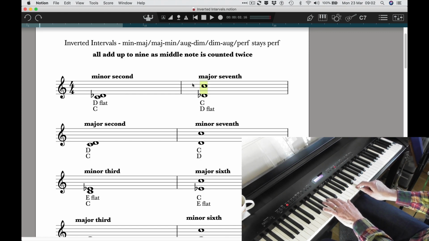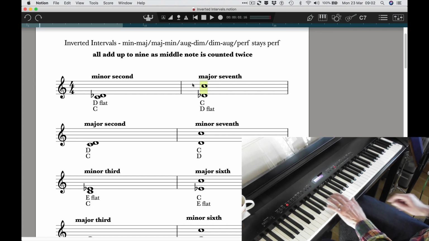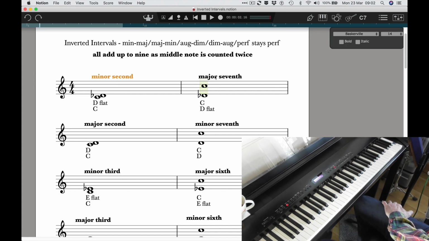It still doesn't sound very nice, does it? And please notice that minor second and major seventh, 2 and 7 make 9. Bear that in mind.